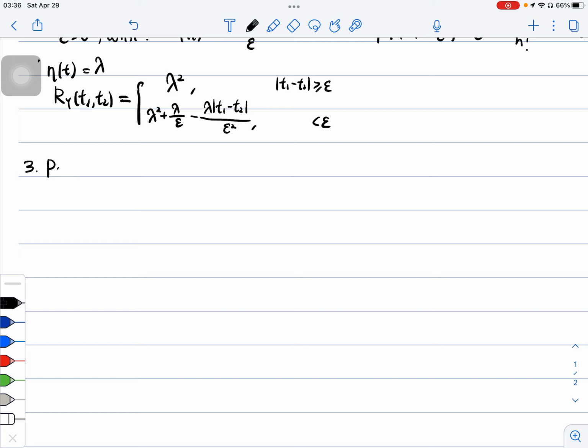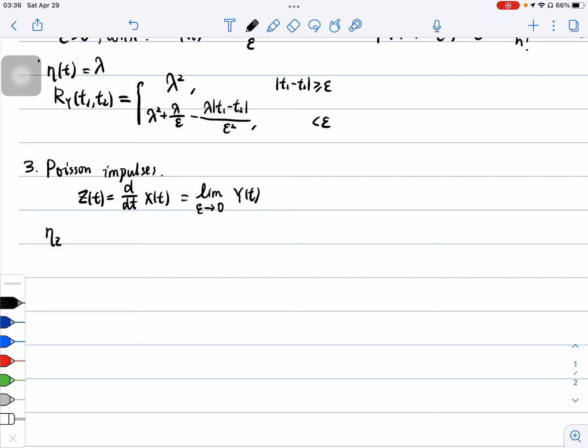Third, Poisson impulses. We define Zt equals d over dt Xt, which means that epsilon is very close to 0 for Xt.